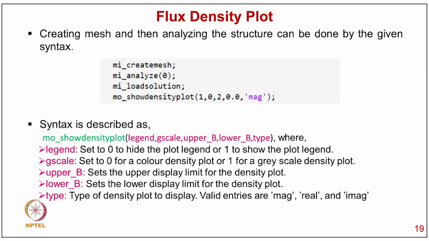Mi create mesh, mi analyze with 0, mi load solution, mo show density plot 1, 0, 2, 0.0, mag. The flux density plot is with mo underscore show density plot, legend, g scale underscore b, lower underscore b, and type, where all these are defined here.